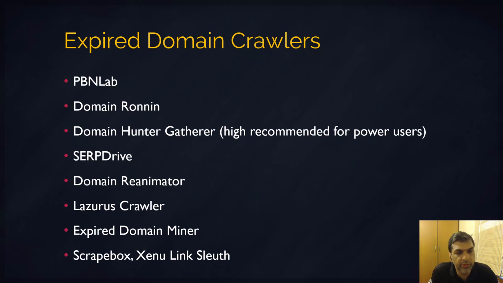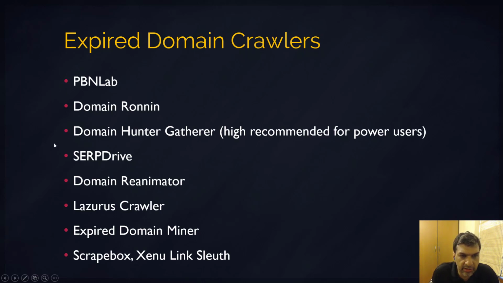A lot of them already have a ready-made database, so they can just crawl that and pull things out from there, or they can do a fresh crawl in Google using the logic that I mentioned in that post of mine. If you want to really know how they work behind the scenes, you can go and read that post. So these are web-based crawlers which you pay a monthly fee for.